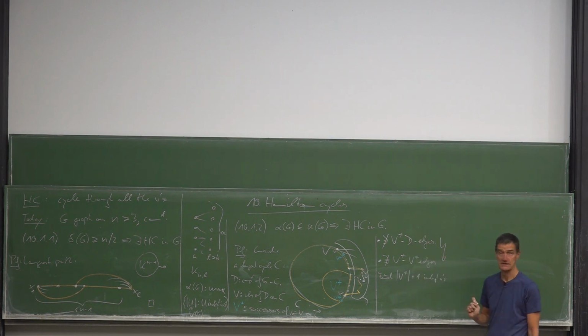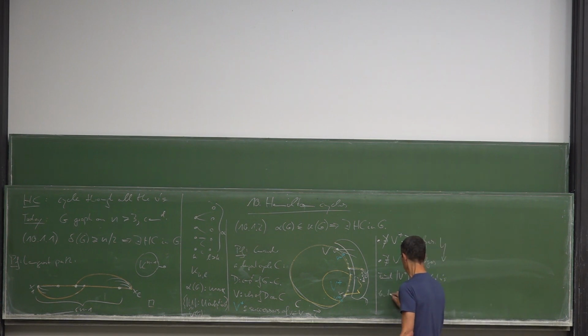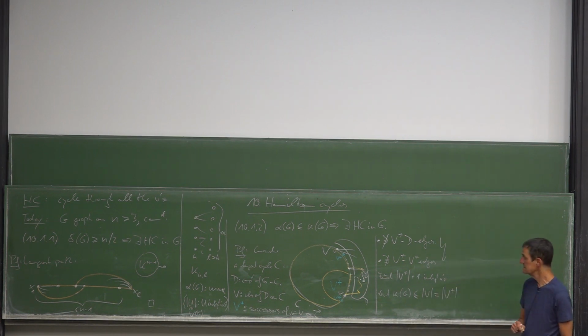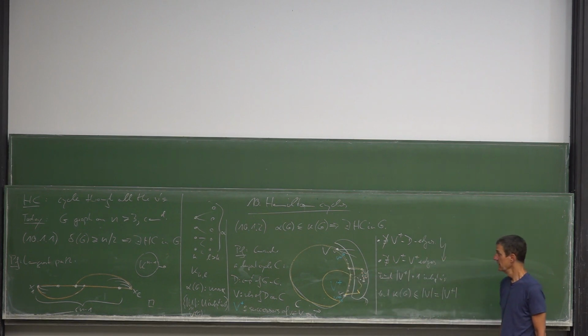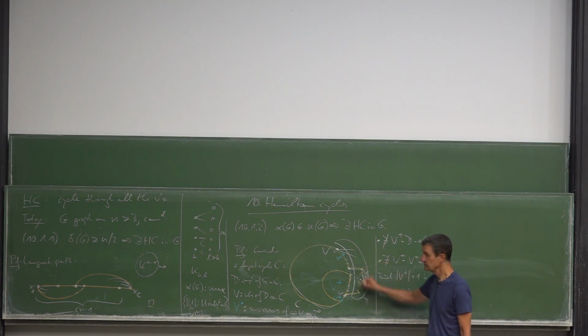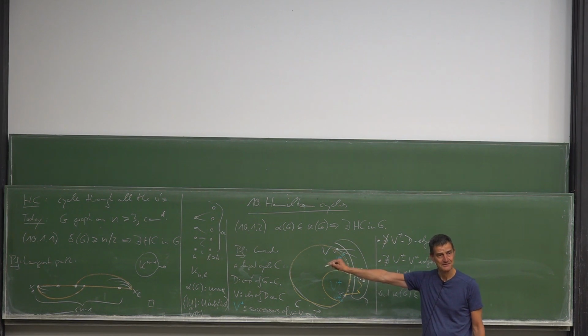So we have more than order V plus independent vertices, but the connectivity of G is at most order V, because big V is the set of all the neighbors of D on C, and that separates D from the rest of C. Now you might ask, is there a rest of C?